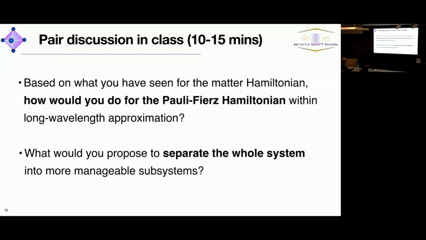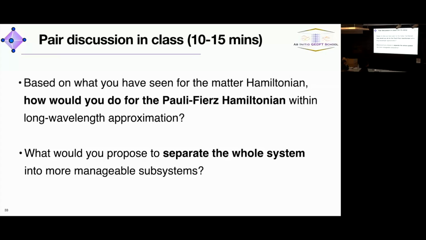How about you guys? Do you have any discovery? Yeah, we have some discovery. It's not working. So for this Hamiltonian, I assume the electron mass and the ion mass are not given, so I would treat them on the same footing instead of applying the Born-Oppenheimer approximation in the beginning.